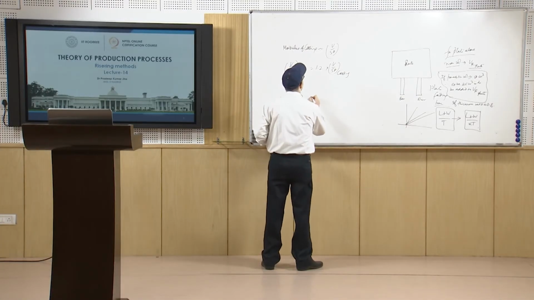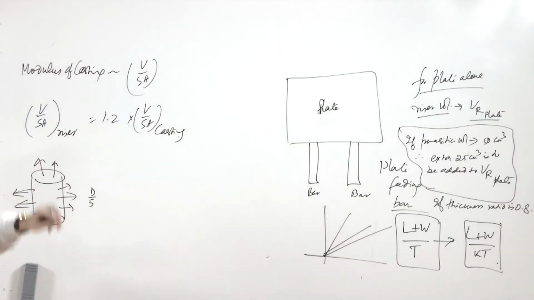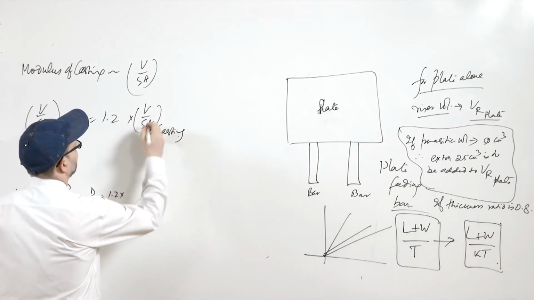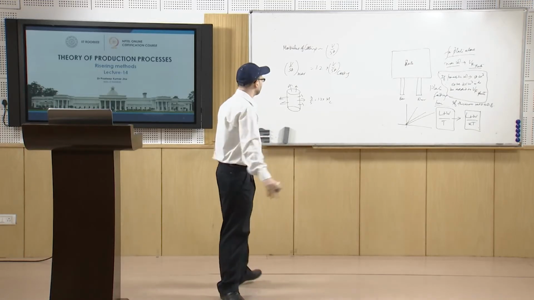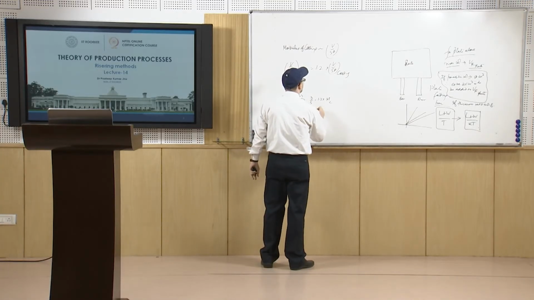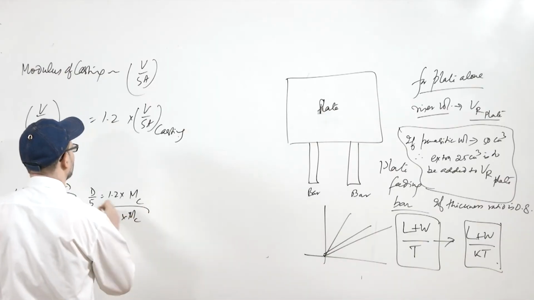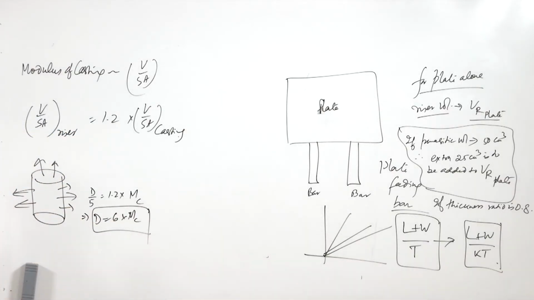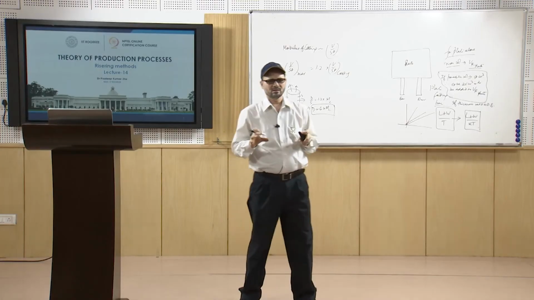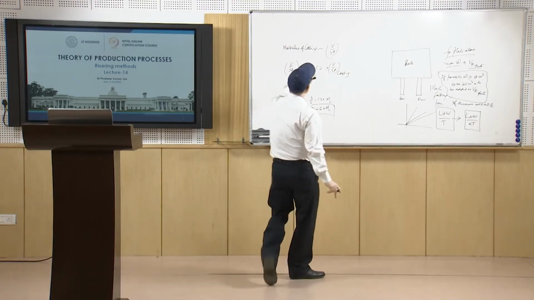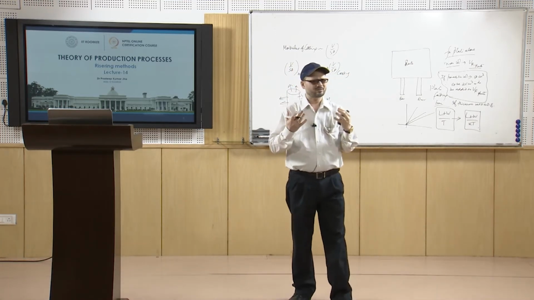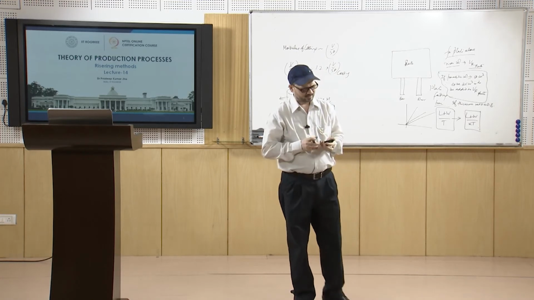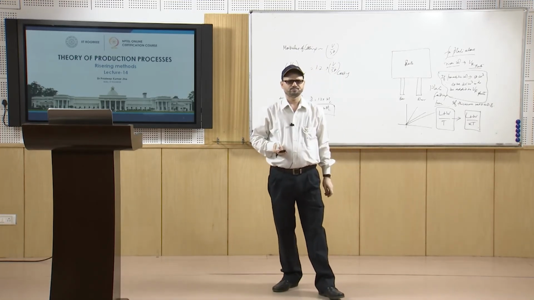This riser modulus will be 1.2 times the volume by surface area of the casting, that is the modulus of the casting. So you directly get D equal to 6 times the modulus of the casting. So you can directly get the diameter of the riser if you know the volume and surface area of the casting. This is another method for calculating the riser volume.